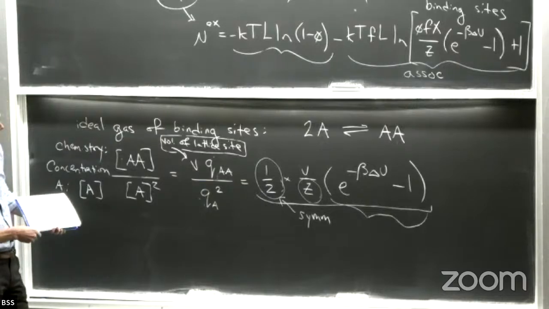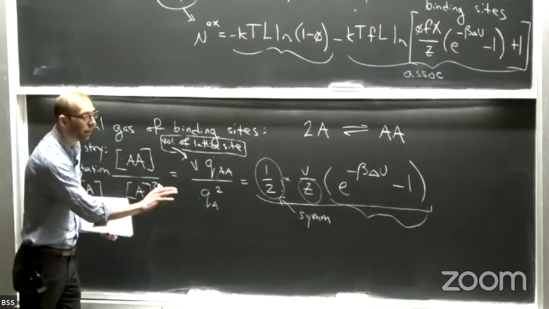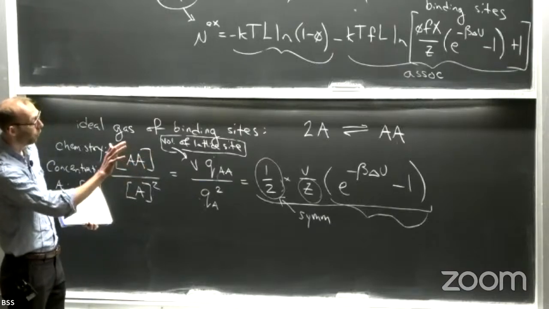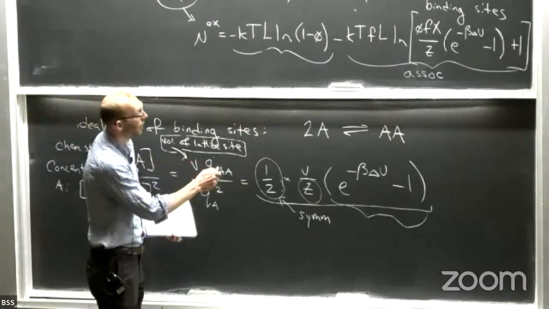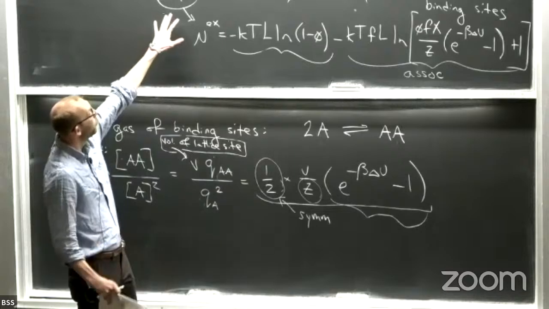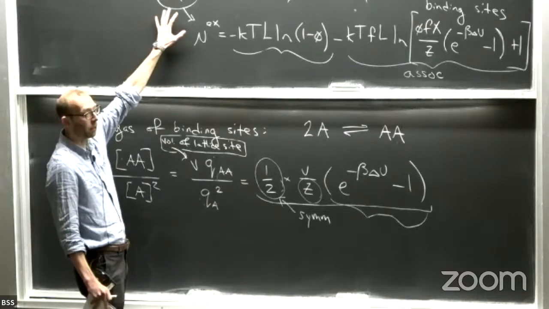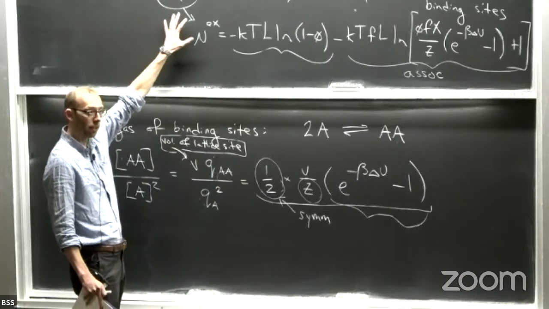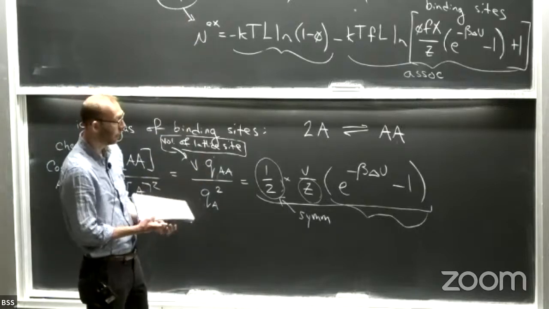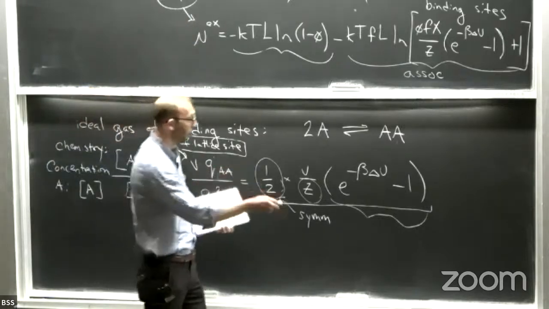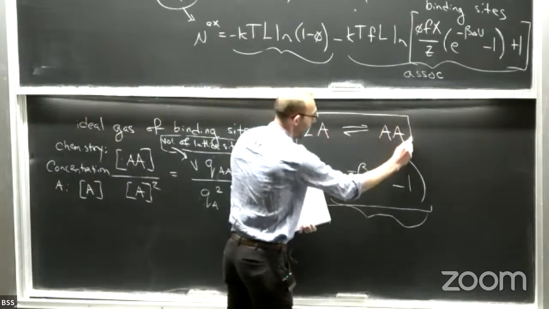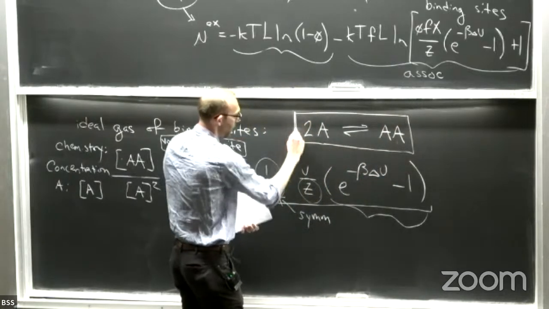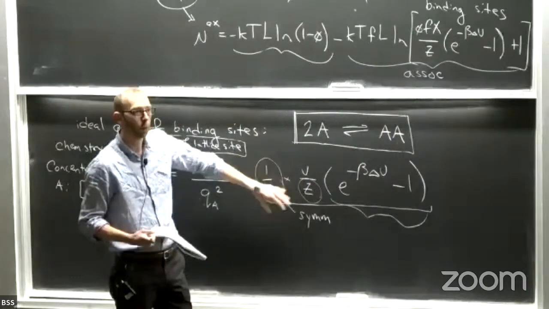Okay, so I think the key thing to realize here is that if we're making a mean field approximation, that everything is uncorrelated, then we should be thinking of just dimerization of an ideal gas. So this is the thing we're looking for, which necessarily requires this.